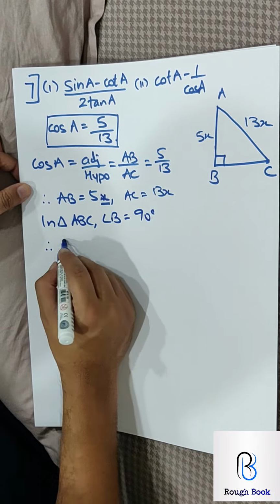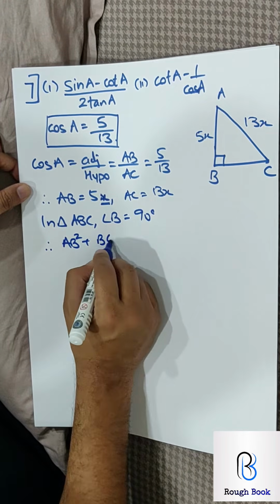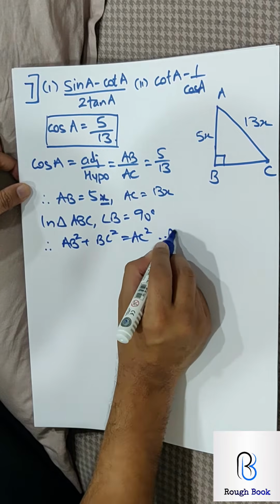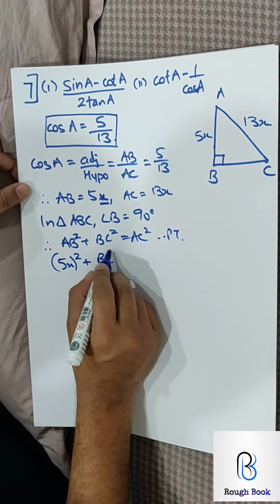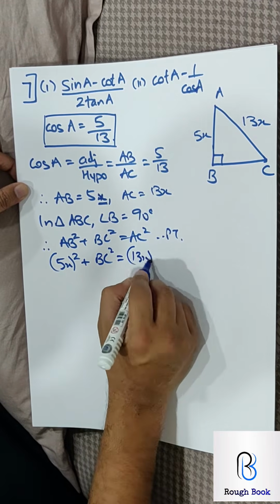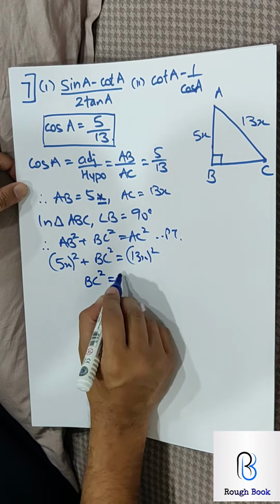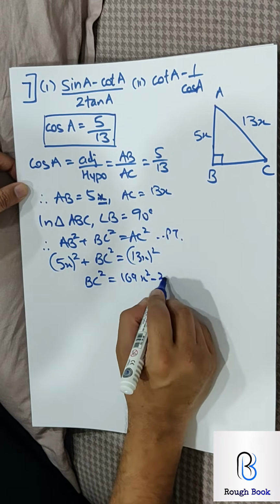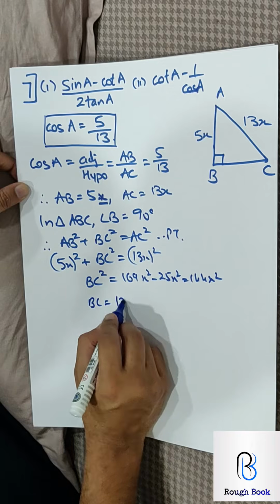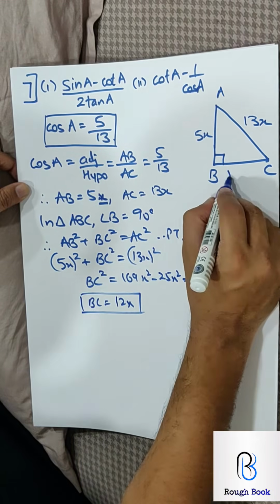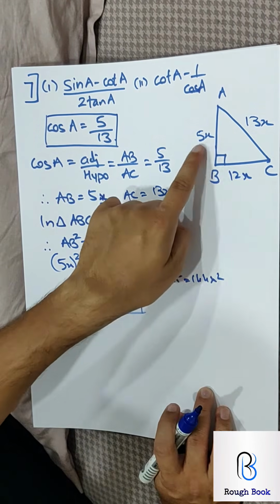So therefore AB square plus BC square equals AC square. AB is 5x, BC unknown and AC 13x. So I'll get BC square as 169x square minus 25x square, 144x square. So BC becomes 12x.